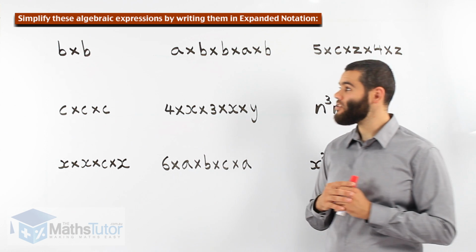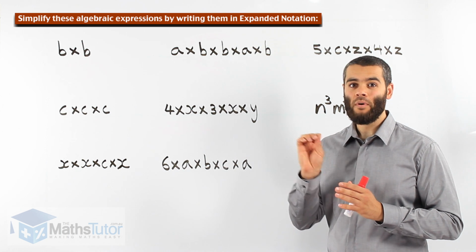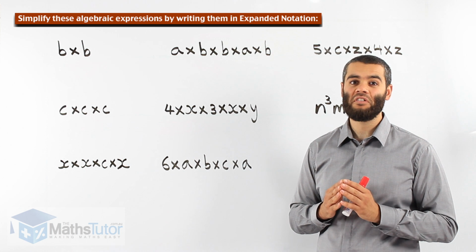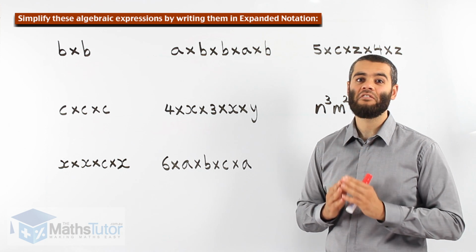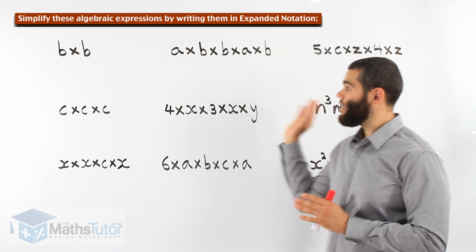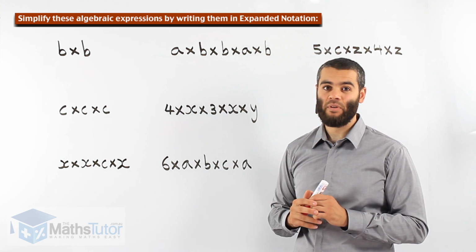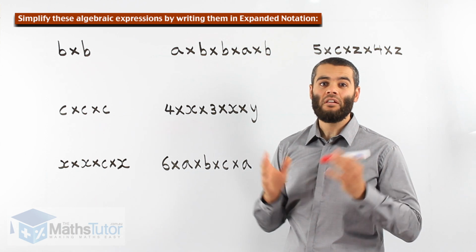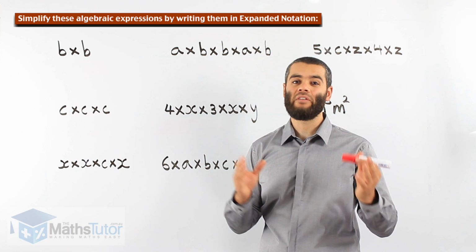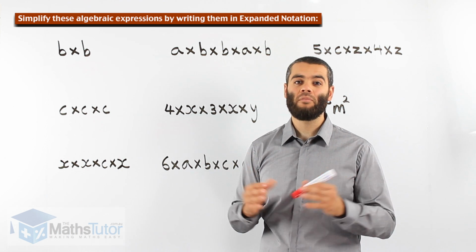We use algebra and the skills in algebra to shorten these expressions. Now, index notation is going to be used. Remember that term, index notation, because many times you're going to be using it to make your answer simpler and easy to read. Now here we have b times b, which means, like in numerals, 8 times 8, or 5 times 5, or 10 times 10.